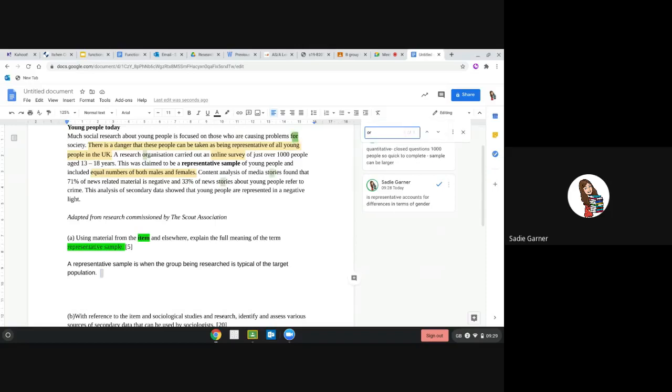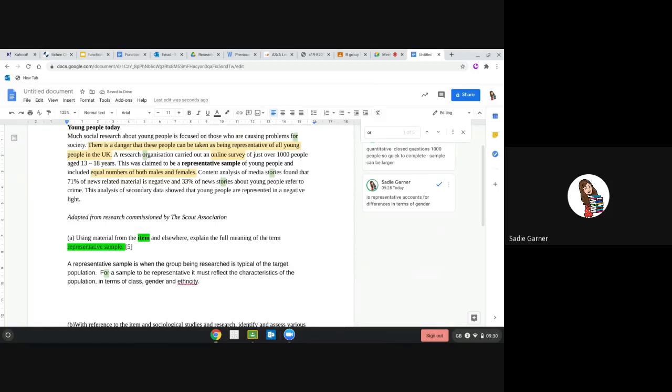For a sample to be representative, it must reflect the characteristics of the population in terms of class, gender, and ethnicity.